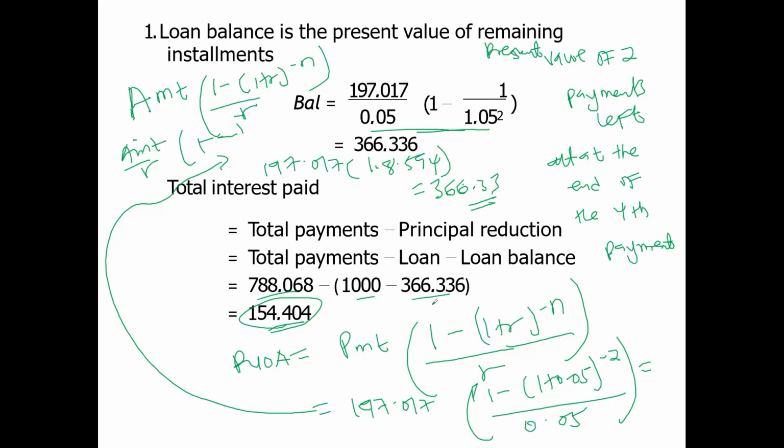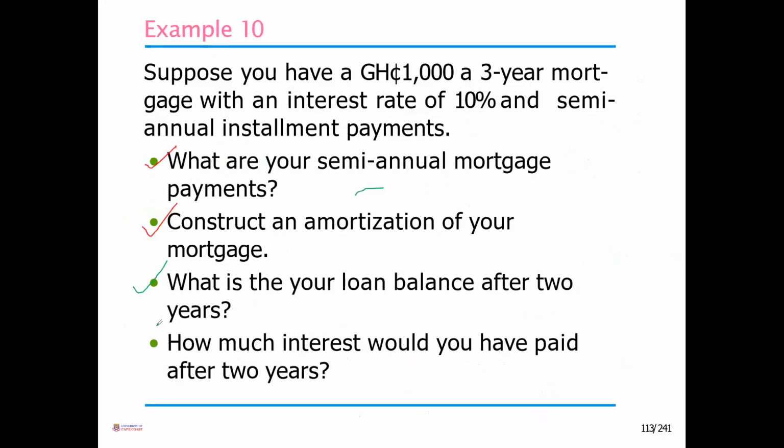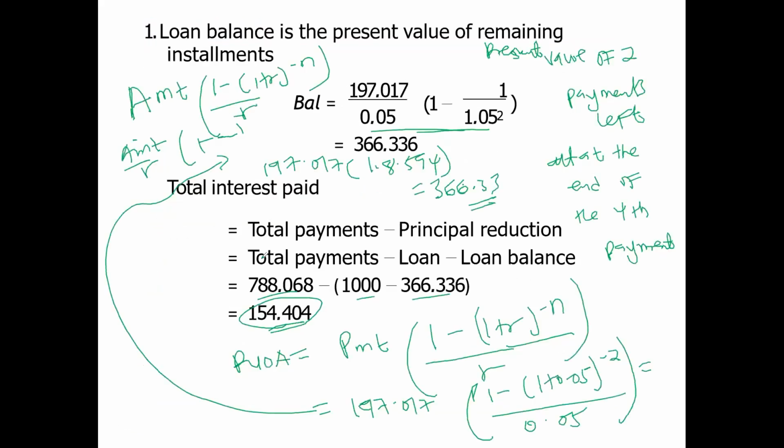But I think that is a long approach. You can just add all the interest payments from the table and you are done. That's a very smart way of doing it so that you don't really worry yourself. So in a typical amortization schedule question, these are the things that they will ask you to do.